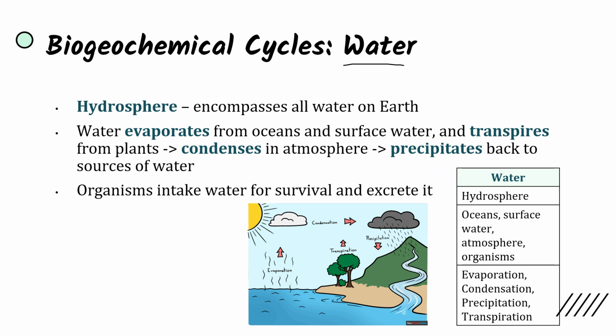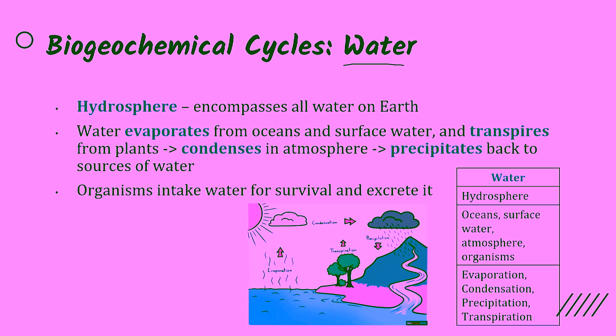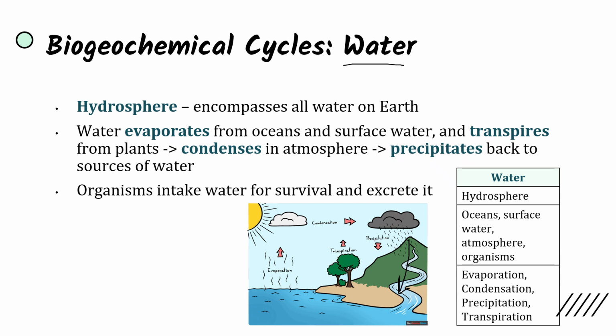In the atmosphere, it will condense, meaning it will get cooler and turn back closer into a liquid, become a cloud, and eventually precipitation will occur, where this water will be rained down back onto these reservoirs of water, including oceans and surface water. And organisms are also going to be intaking water in order to survive and perform metabolic function, and then they're going to be excreting it after these functions have been done.